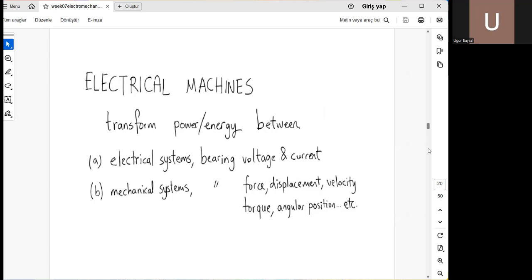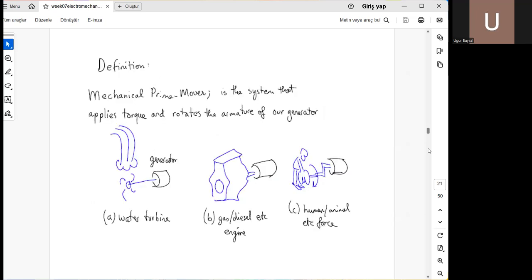Electrical machines transfer power and energy between electrical systems and mechanical systems. Electrical systems carry voltage and current.